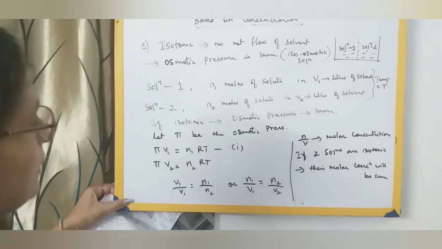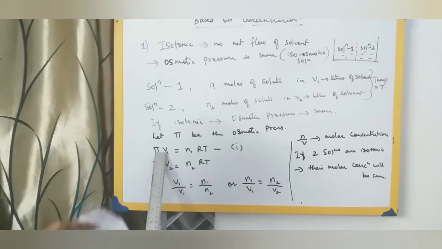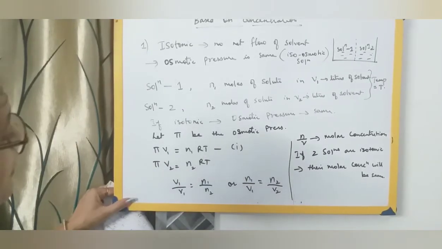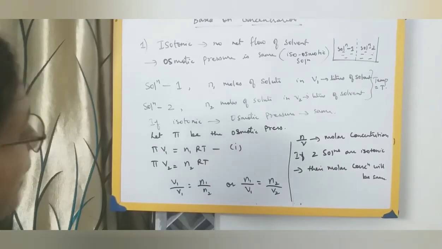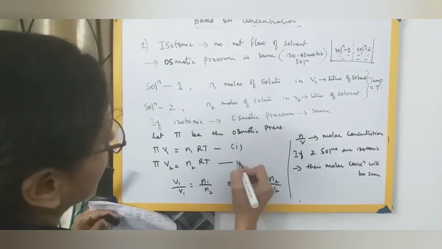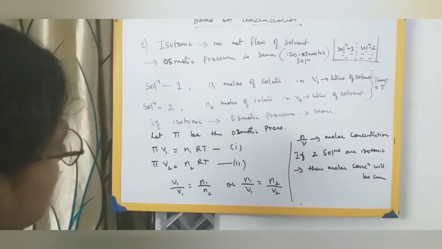It will be equal. So if pi is the osmotic pressure, the equation for osmotic pressure gives pi V1 equals N1 RT. Let this be equation 1, and pi V2 equals N2 RT. This is equation 2.